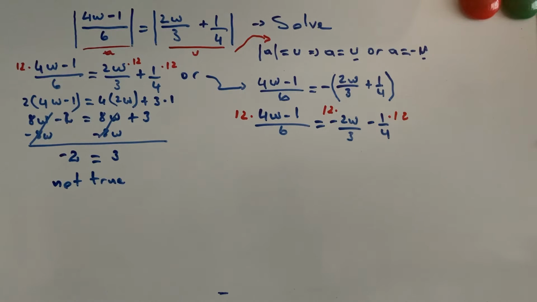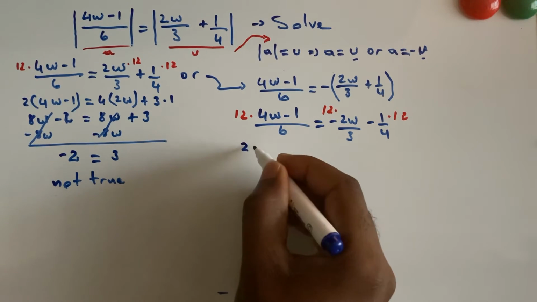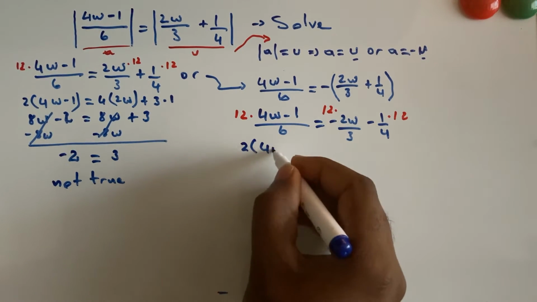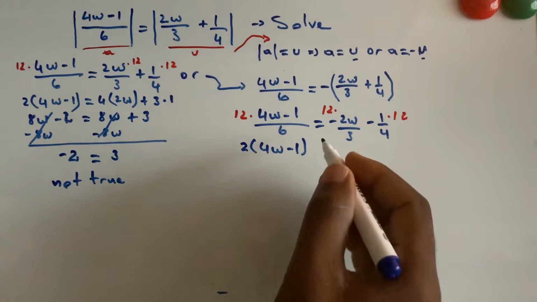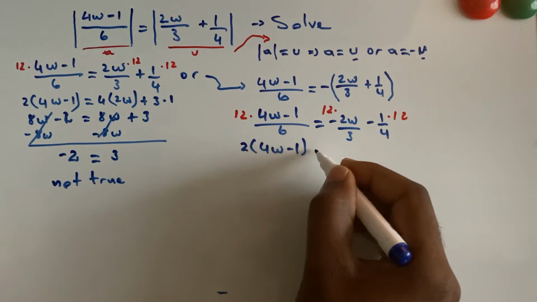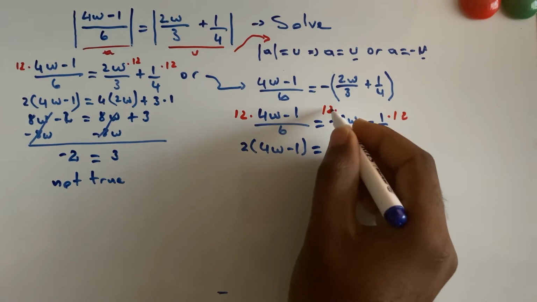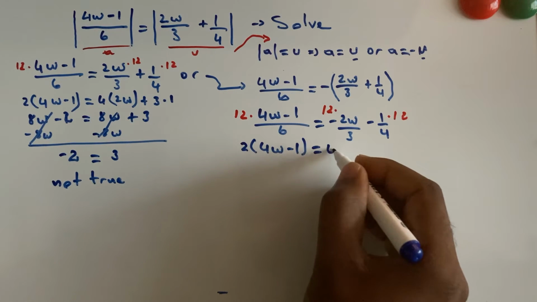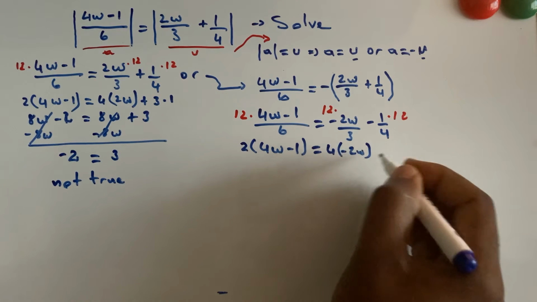So now, doing the same thing, 6 goes into 12 2 times, right? So it's 2 times 4w minus 1, okay? And 3 goes into 12 4 times. So 4 times negative 2w now, okay?